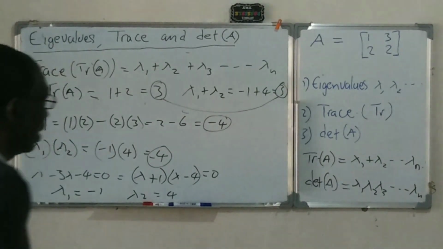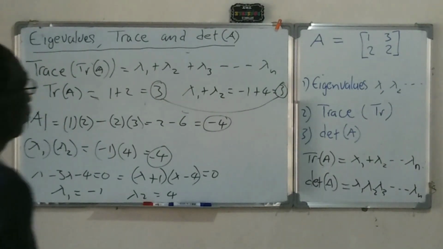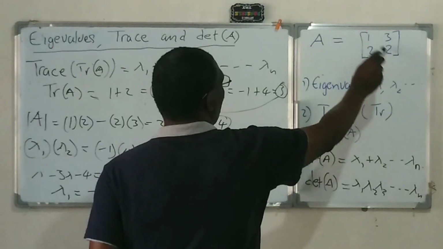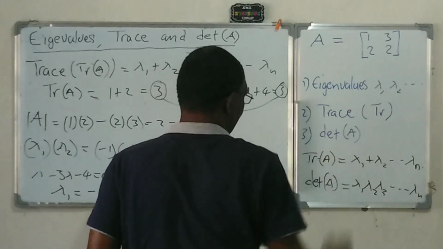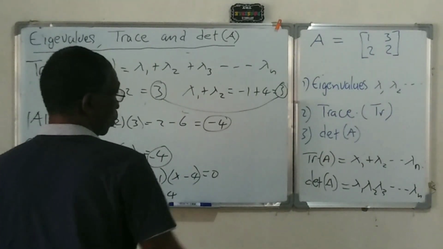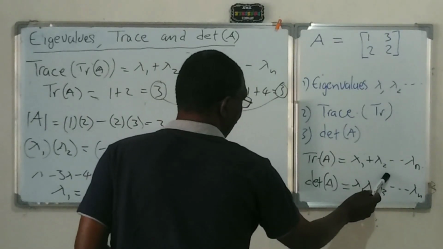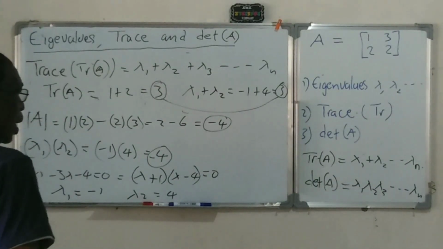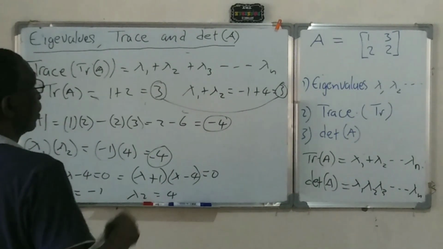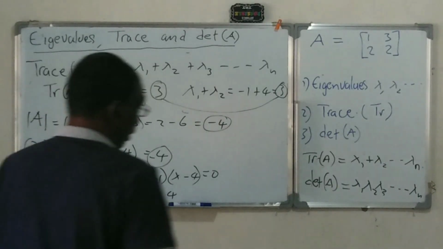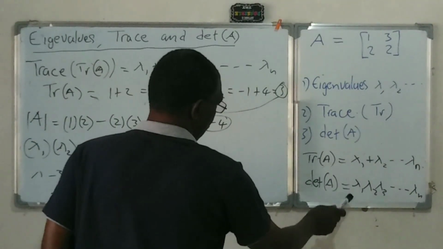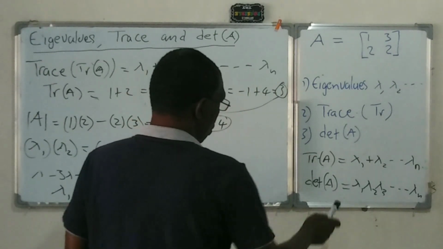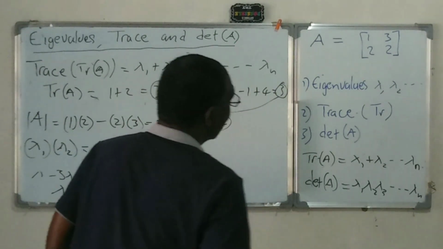To summarize, the trace of a matrix, which is the sum of the elements in the leading diagonal, is also equal to the sum of the eigenvalues. The determinant of the matrix A is always equal to the product of the eigenvalues.